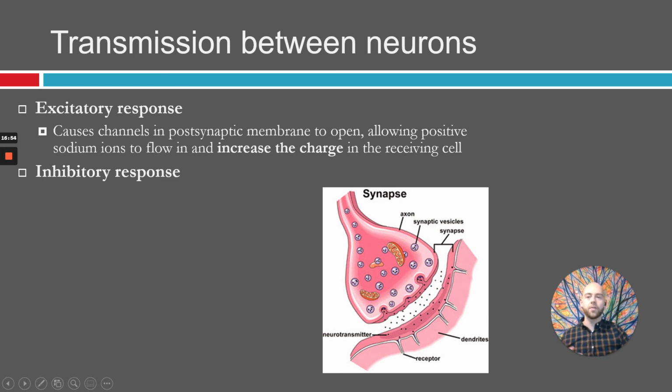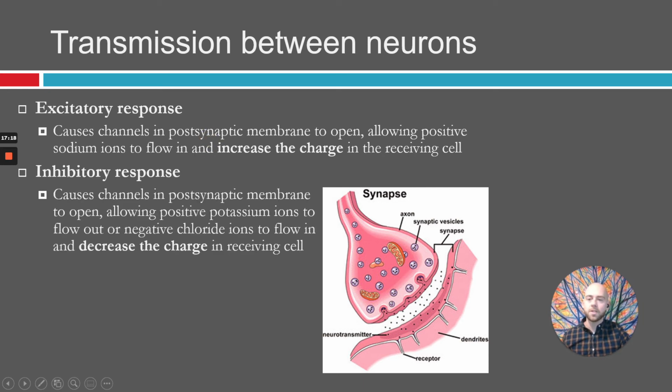So if you get enough of those excitatory responses across those different dendrites, then you're going to get from that resting potential of -70 relative to the outside to something around -55 millivolts relative to the outside. So you're adding up all these signals from these different dendrites. But it's not just these positive responses from excitatory responses.